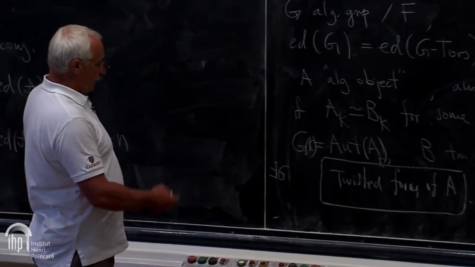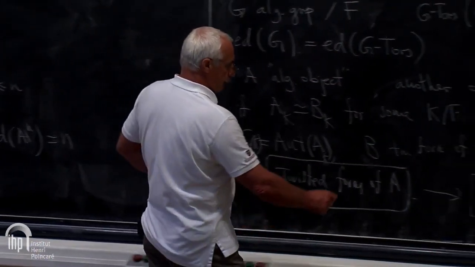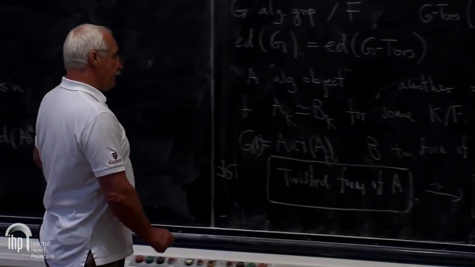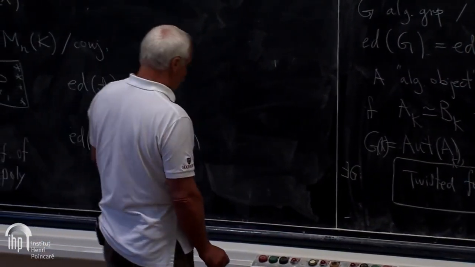And very often this map is a bijection. Let me give examples of that.